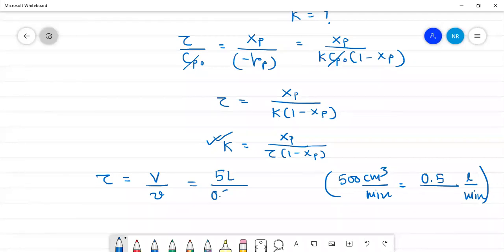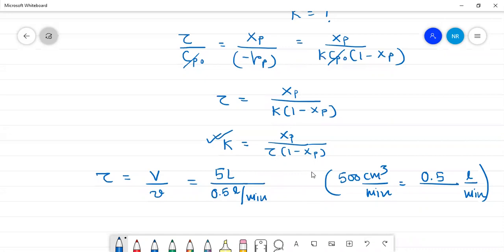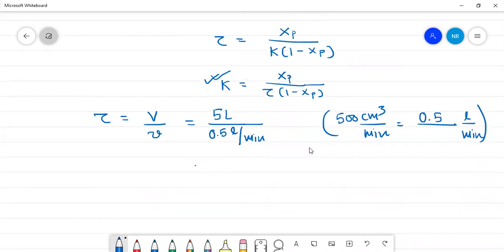So tau is 5 divided by 0.5, which is 10 minutes. 10 minutes will be the space time.